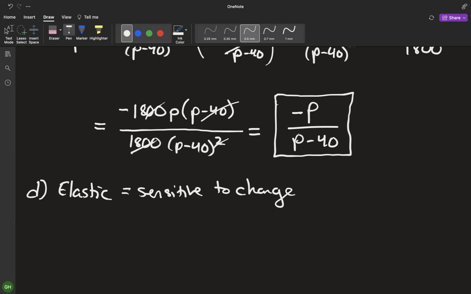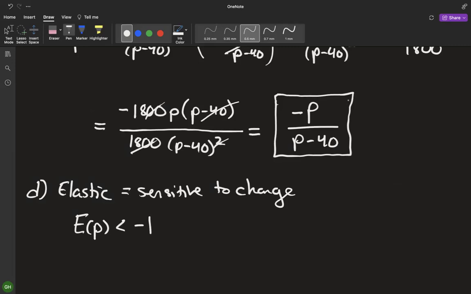Elasticity is the ratio of the change in demand given the price as a percentage. So we want it to be a bigger negative number if it's elastic. Elastic is sensitive to change, and it happens whenever the elasticity is less than negative 1.